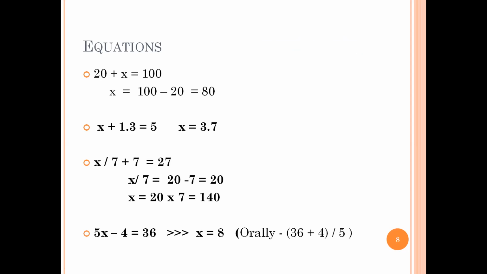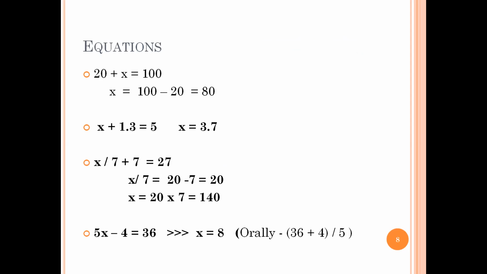But you need to remember this is for basic equations and we should be able to solve them orally. Intention is to solve it orally. 20 plus x is equal to 100. So 20 is positive, changes side to the right, becomes negative. So x is 100 minus 20, which is 80. x plus 1.3 equals 5.